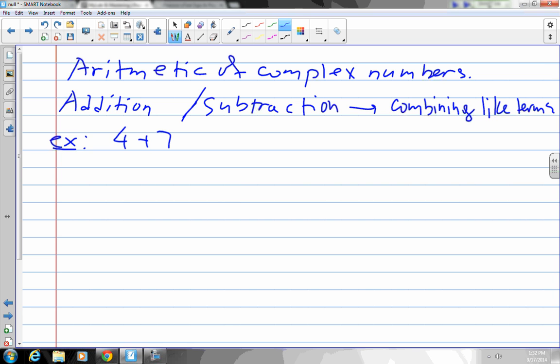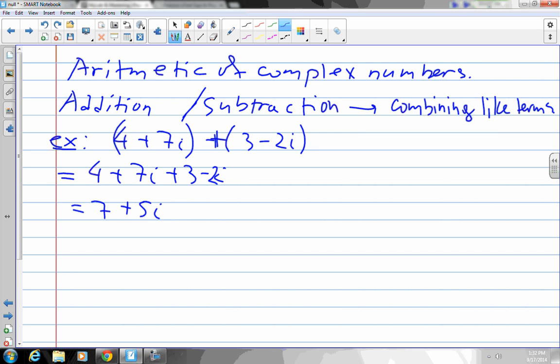For example, 4 plus 7i, here's one number, plus 3 minus 2i. Can we do that? Just forget about the fact that i is an imaginary number. Just think of it as a variable. If this was x instead of i, you would have absolutely no problem performing this operation. You just drop the parentheses because of the addition, and then you combine like terms. 4 plus 3 is 7, 7i minus 2i is 5i. So that's the sum of these two numbers.